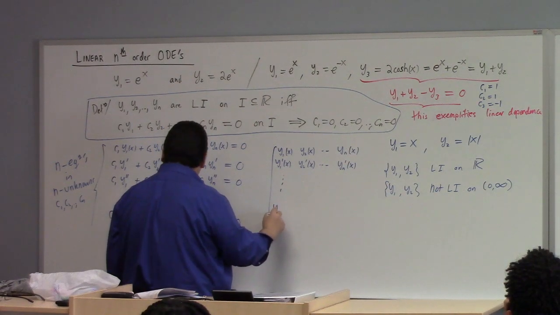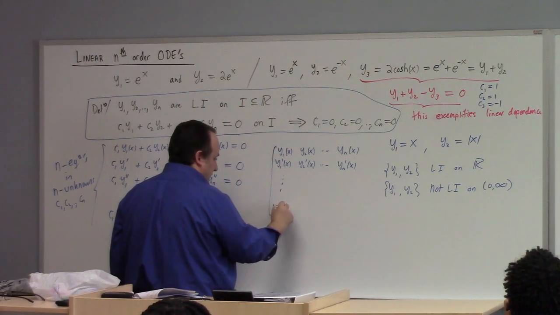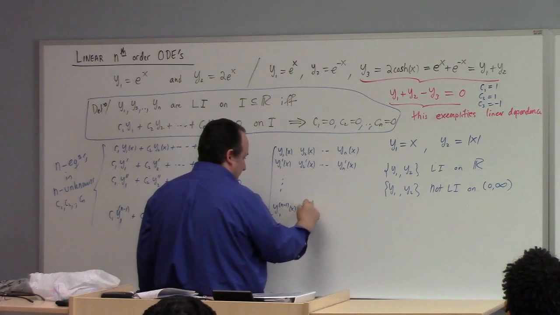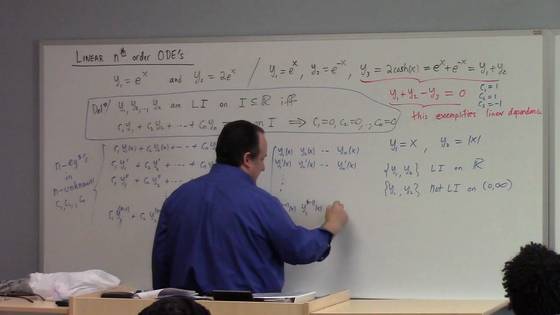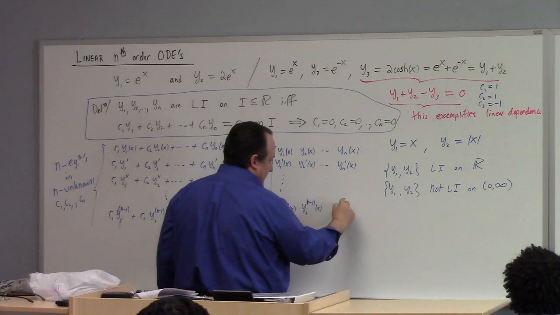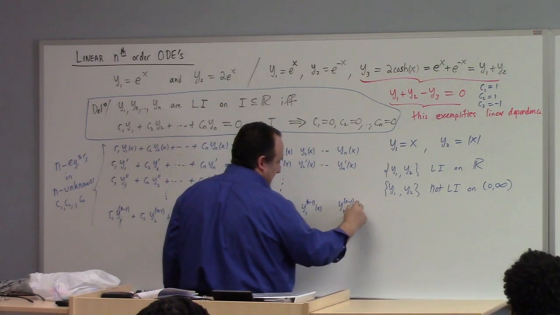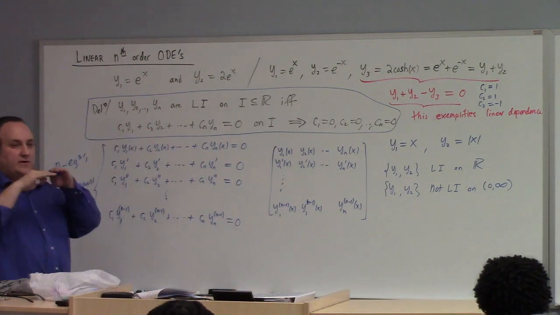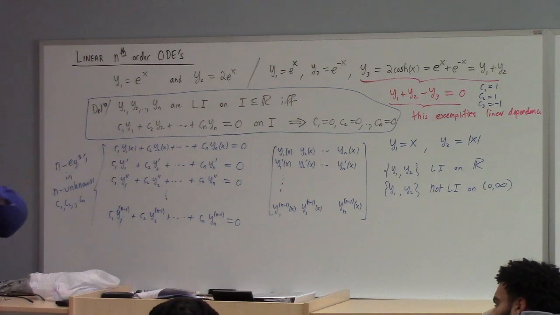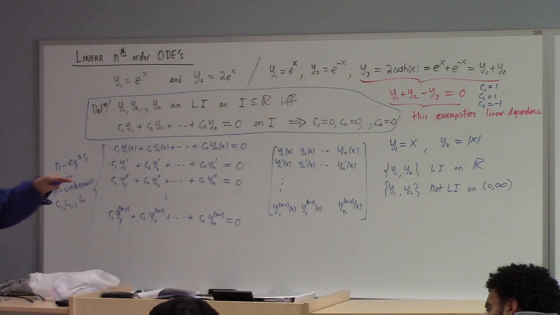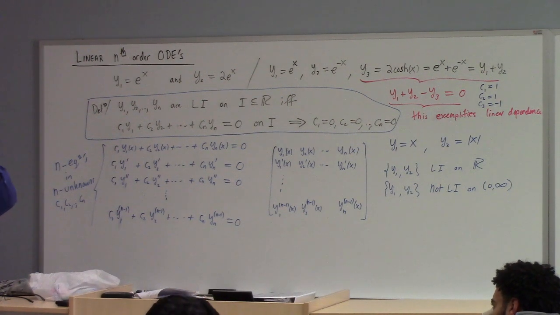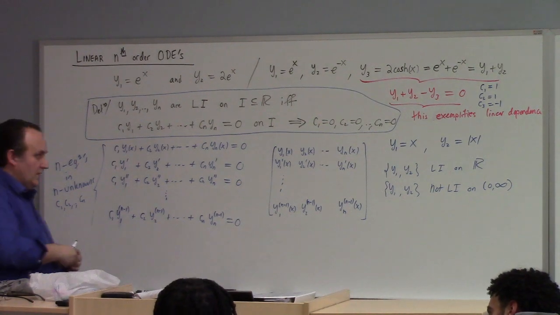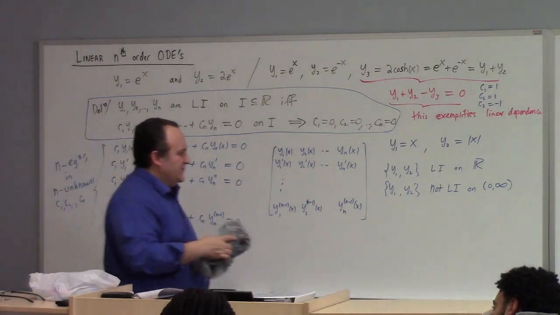Eventually, the last row is the n minus 1th derivative of y1, y2, and finally of the nth function. This is an n by n matrix: the first row is the given functions, the second row is their derivatives, and so forth, until the last row is the n minus 1th derivative of the functions. All that times what?